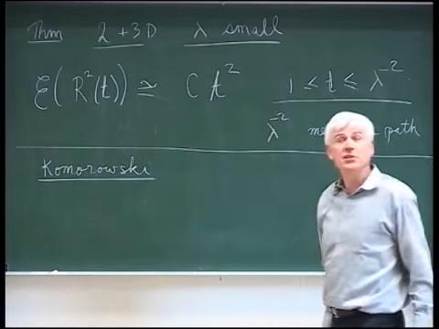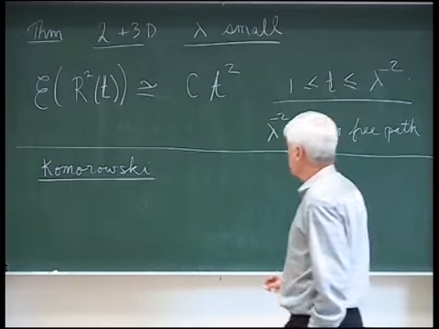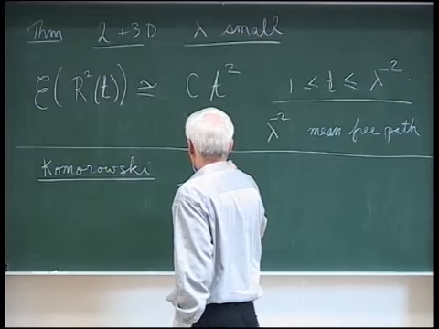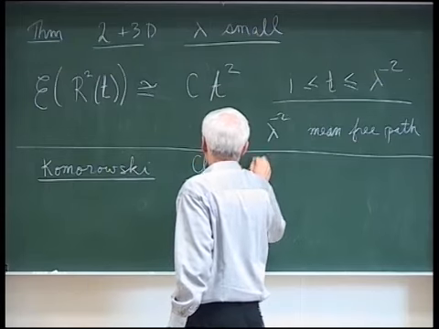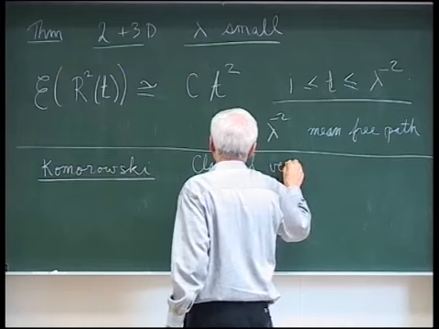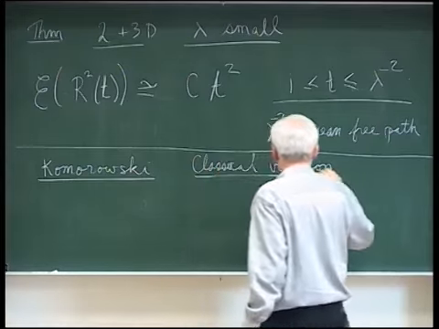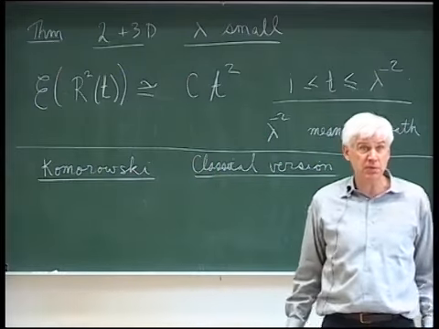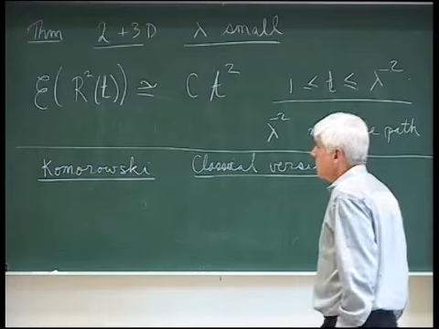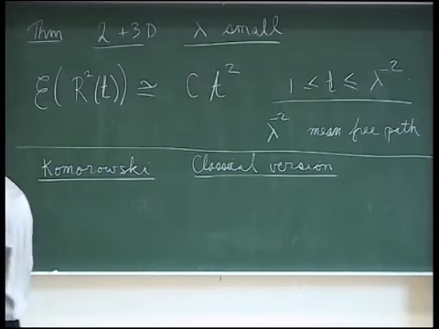And he does the classical version. So what is the classical version? His methods are somewhat different. In fact, I confess I haven't read the paper except for the statement of the result. And this is in the continuum.